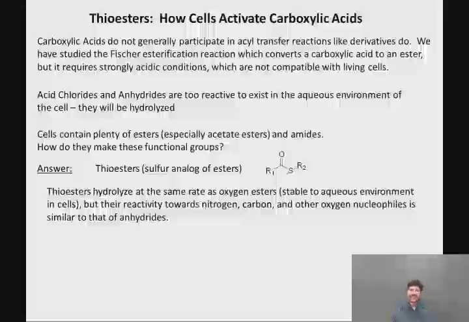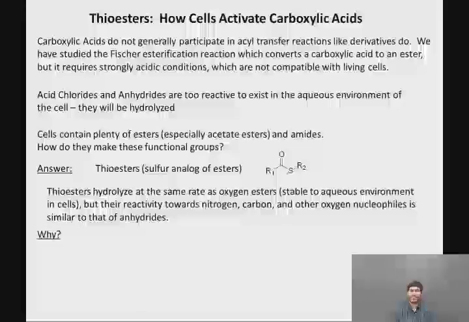But their reactivity towards nitrogen, carbon, and even some other oxygen nucleophiles is more similar to that of anhydrides than esters. So they can be used as starting materials for the synthesis of esters and amides.